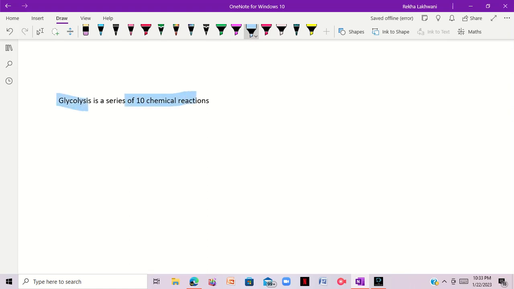It is a complex series of reactions, and glycolysis is also known as the EMP pathway, where EMP stands for Embden-Meyerhof-Parnas pathway.